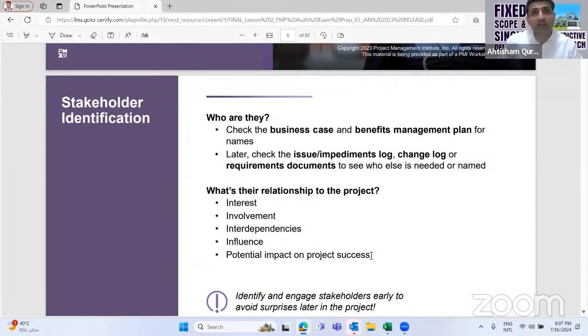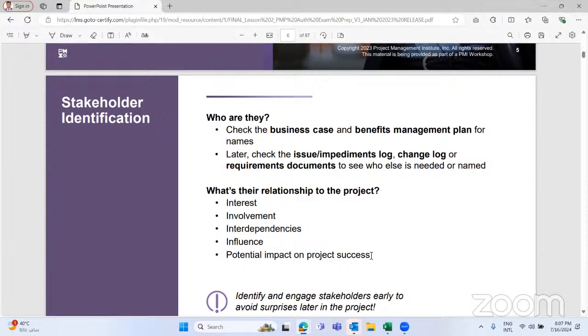Now we understand that he is our stakeholder, but we don't know what is in it for Valeri. What is in this project for Valeri, like how his life will become easy when we deliver this project. Make sense?